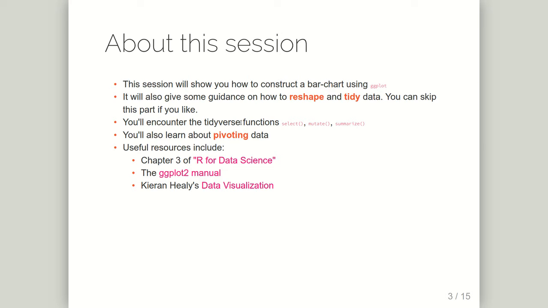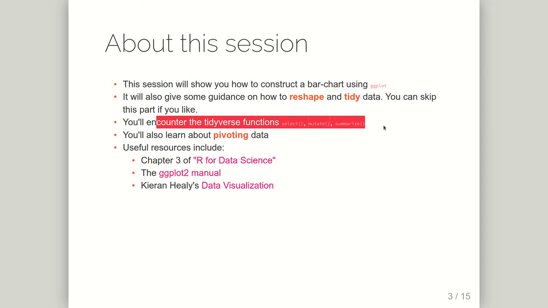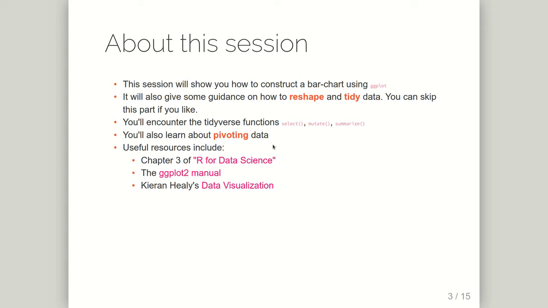And as part of that second half on reshaping and tidying data, I'll be using some of the functions from the tidyverse, which are listed there. I'll be talking about how to pivot data. These examples of how to use tidyverse functions are also covered in some of the links that I've put below, which are common to the previous video on scatter plots.